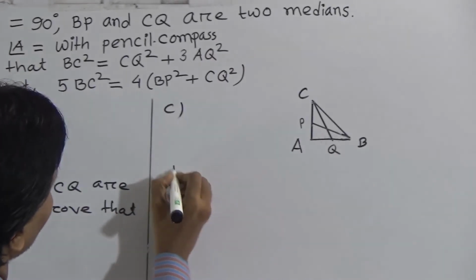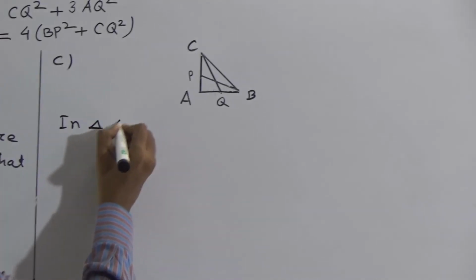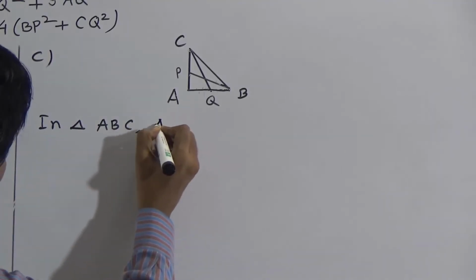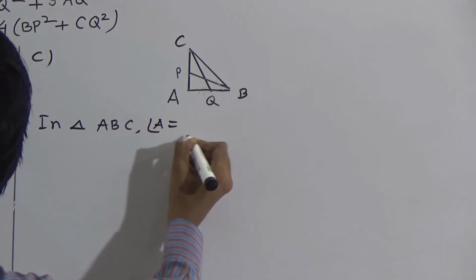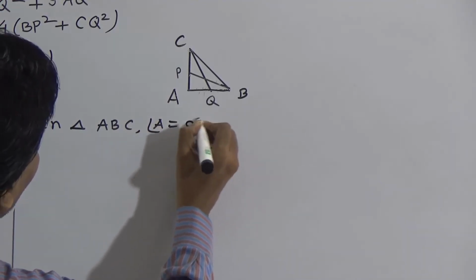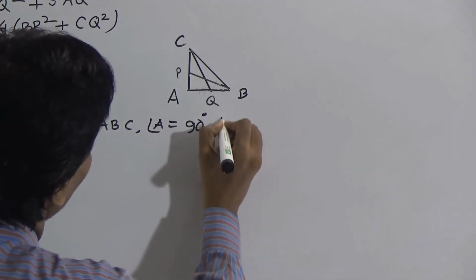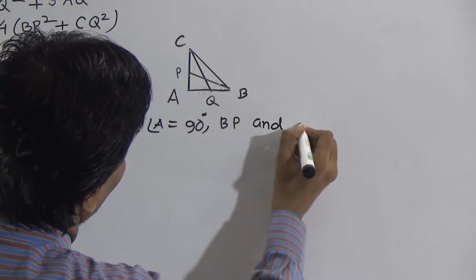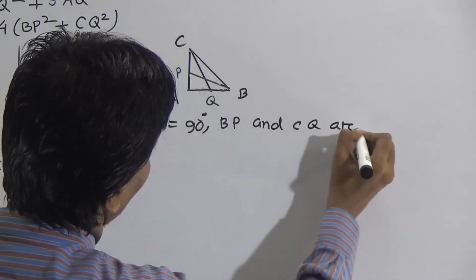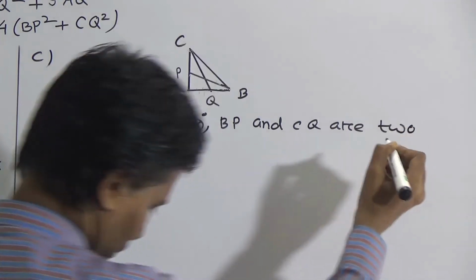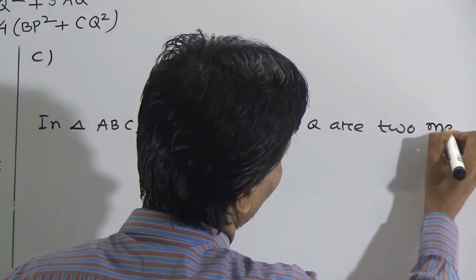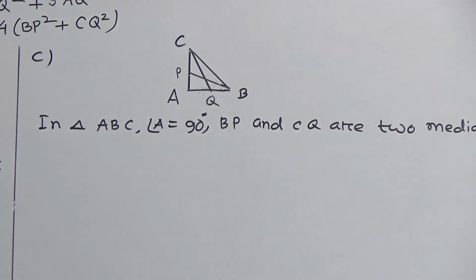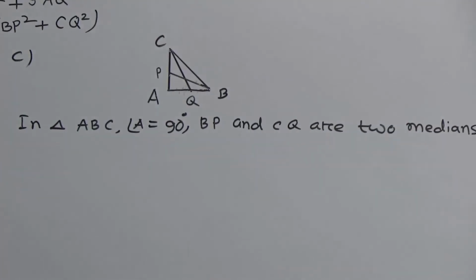In ABC triangle, angle ABC equal to 90 degree, BP and CQ are the two medians.